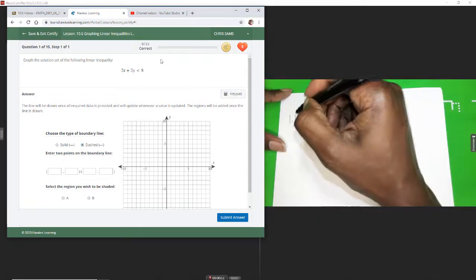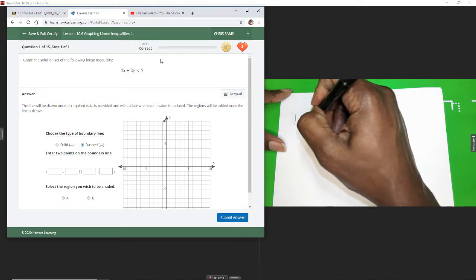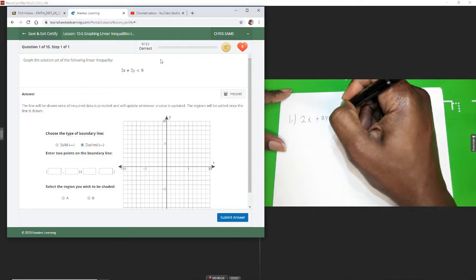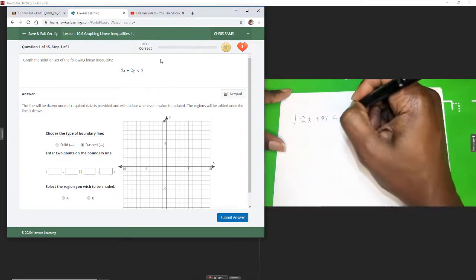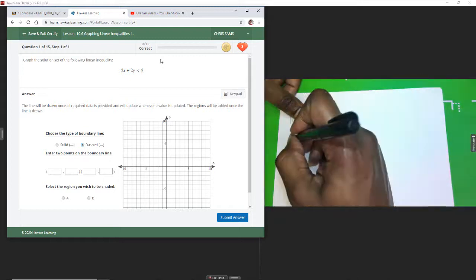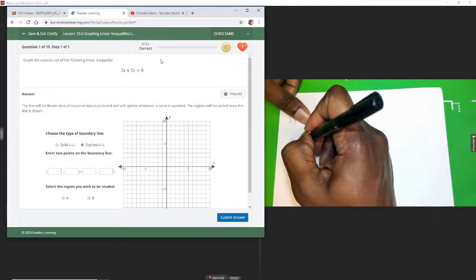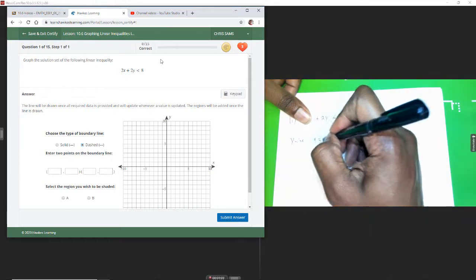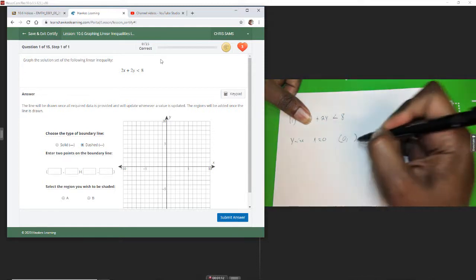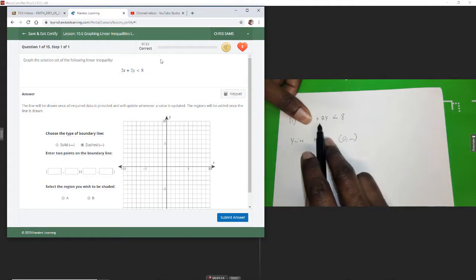I'm going to write down this equation: 2x plus 2y is less than 8. All right, so first I'm going to find the y-intercept, which means x is 0. So the ordered pair is going to be 0 something whenever I figure out what the y value is.